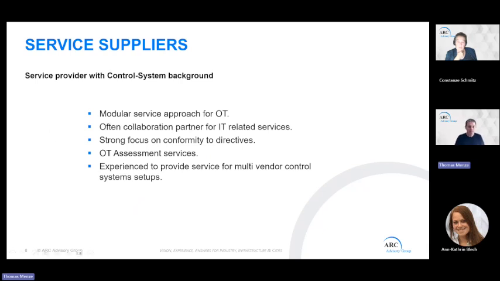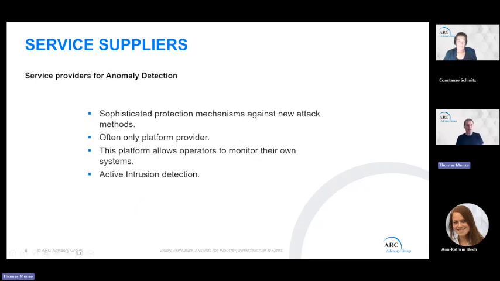Coming to the last bit, and the last bit are these special service suppliers. Again, their focus is normally anomaly detection and endpoint protection. They are looking into ransomware attacks, because ransomware, I said this in the beginning, and phishing are two activities that are really painful, and a lot of accidents start with ransomware or phishing.